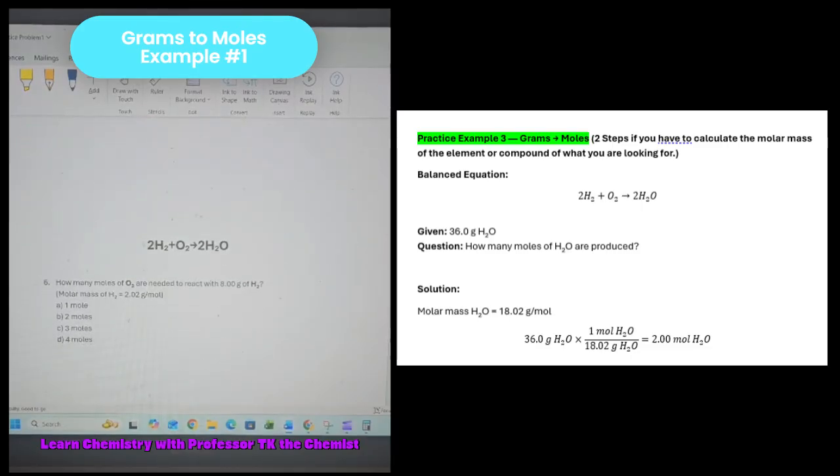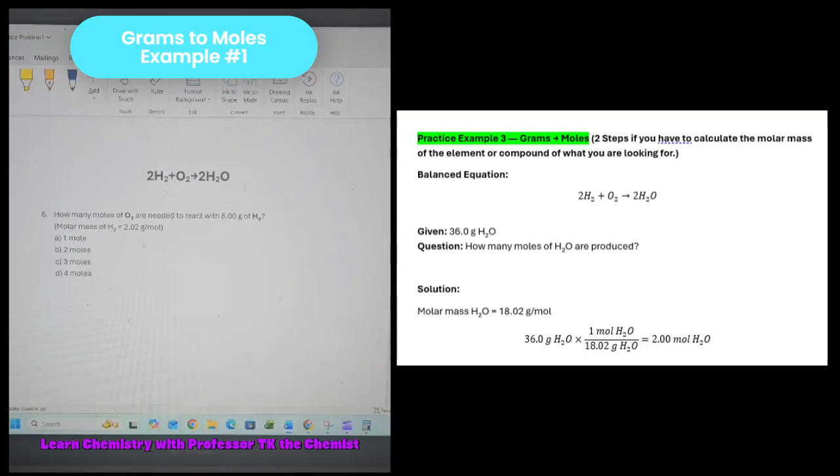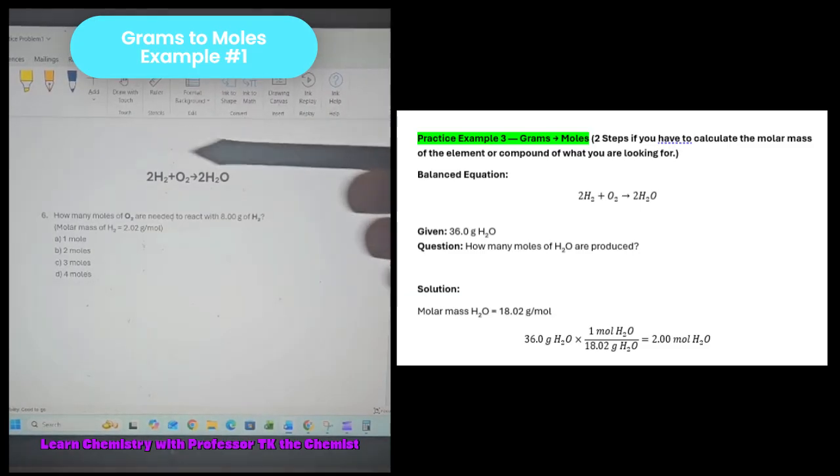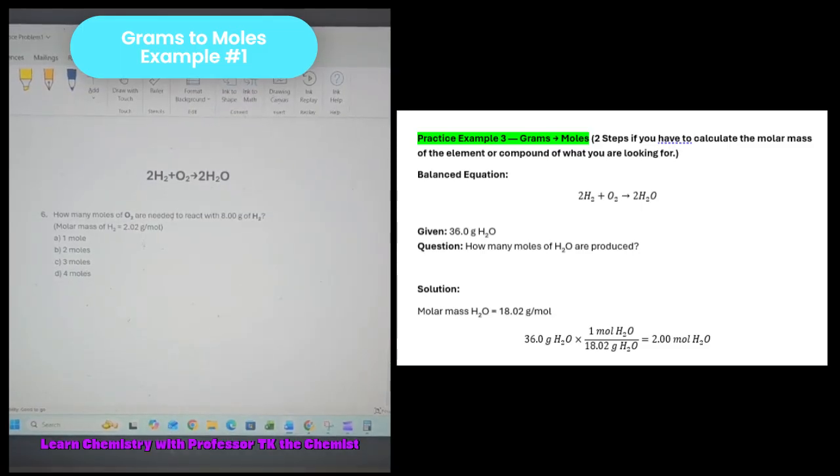Now, speaking of which, we've got to do another one because I want to make sure y'all are good. Again, we've been working with this same chemical reaction because it doesn't matter what the formula is, can you do the problem?